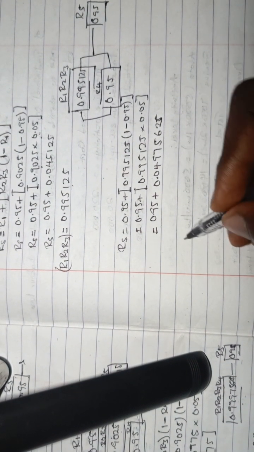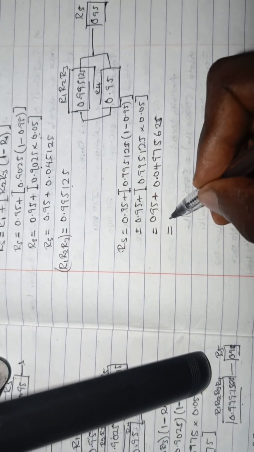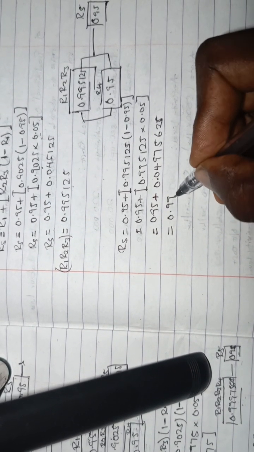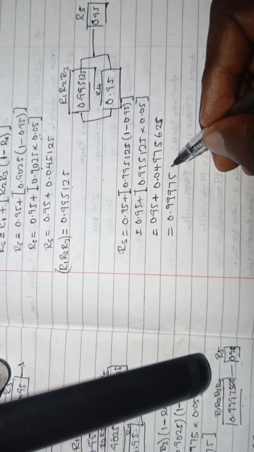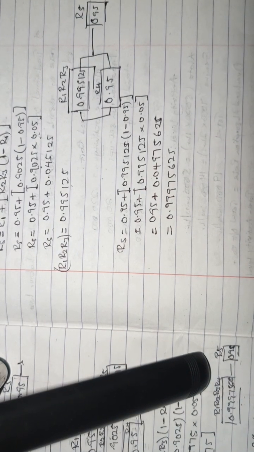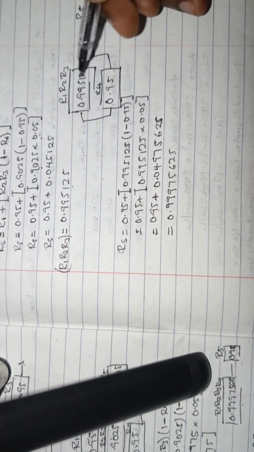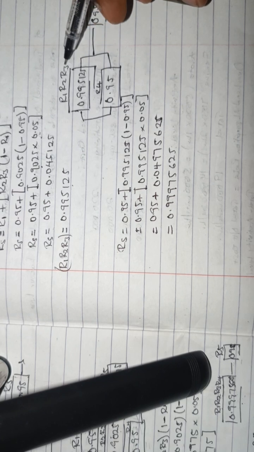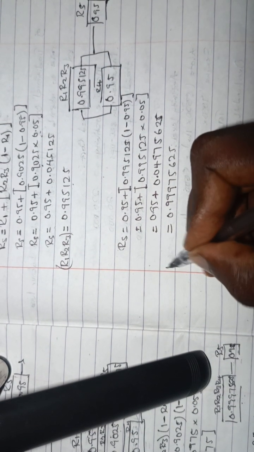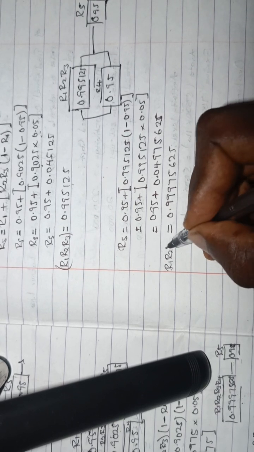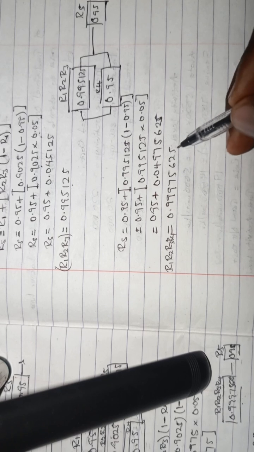Then we add this to this. So we are going to get 0.999752625. So now this is R4, this is R1, 2, and 3. After putting them together, we are going to have R1, R2, R3, and R4. Do you get it?